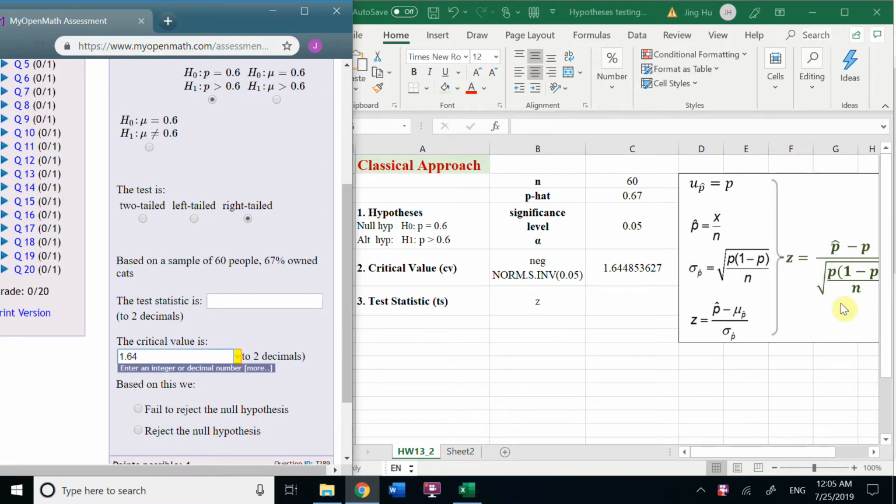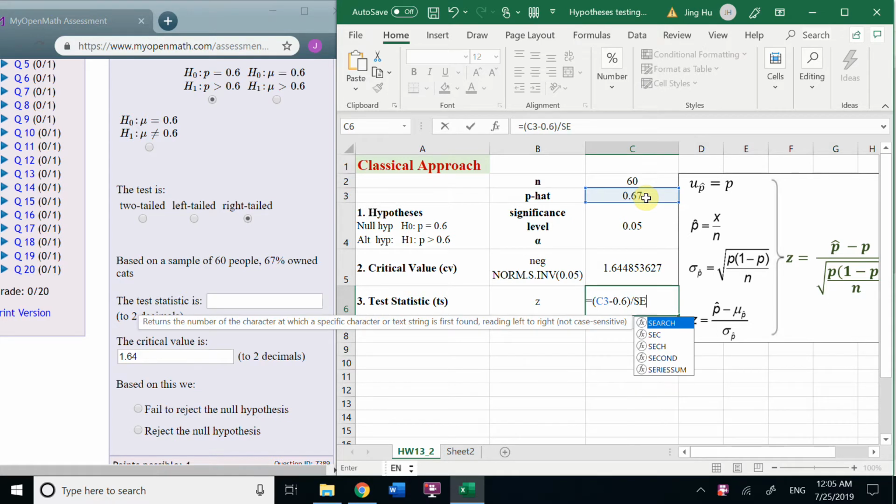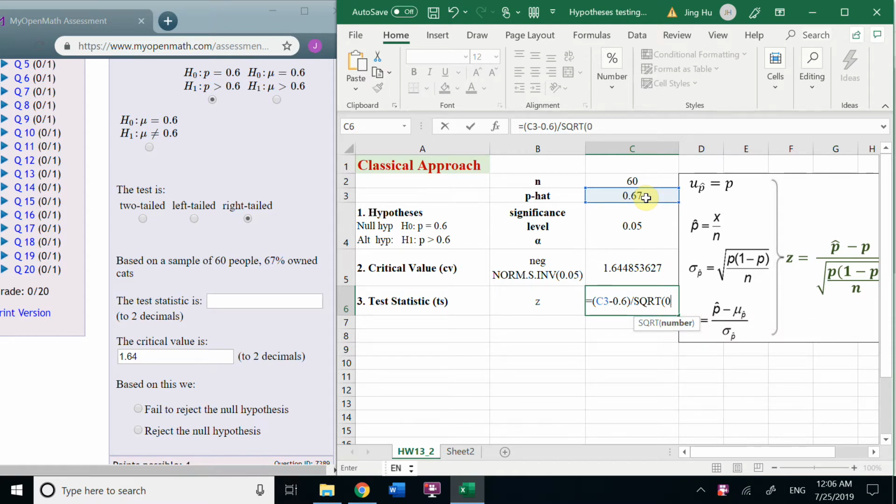For the test statistic, we need to use the formula P hat minus P divided by the standard deviation, the square root. So this Z is P hat 0.67 minus 0.6 divided by the square root of P, which is 0.6, times 1 minus 0.6, which is 0.4, divided by 60.